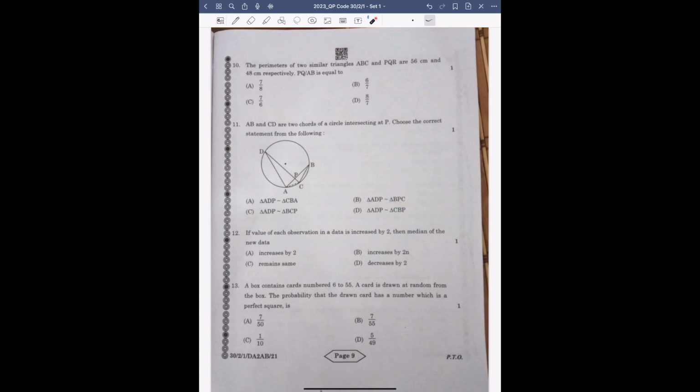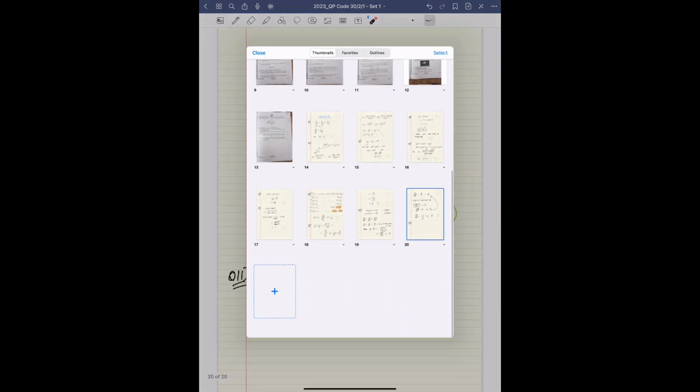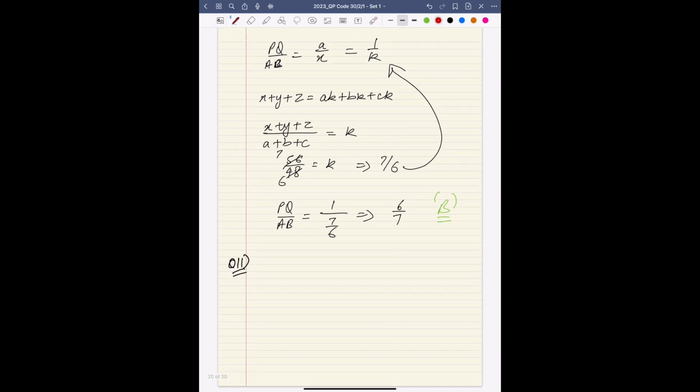I'll tell you how. This is vertically opposite angles, right? So angle APD is equals to angle CPB. Why? Vertically opposite, right? So one of the angles in these two triangles is equal.